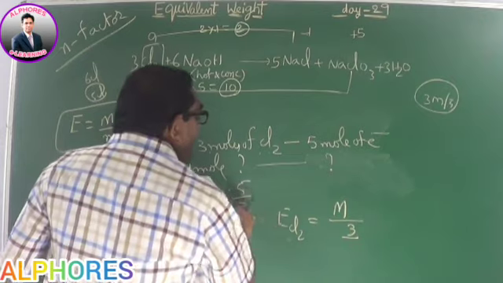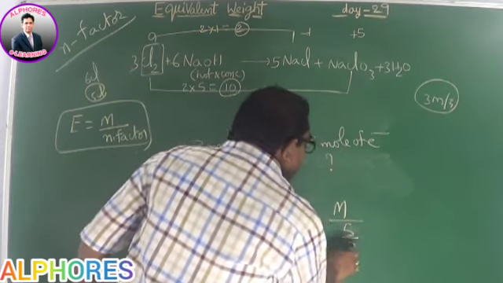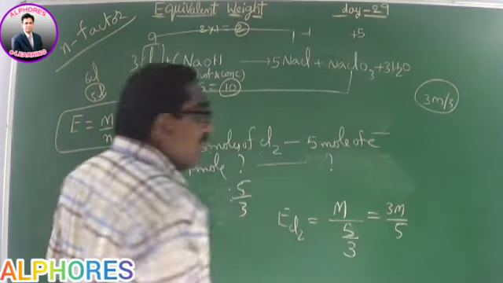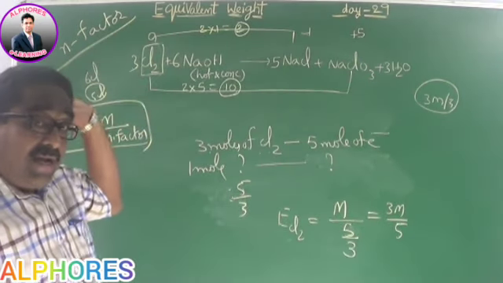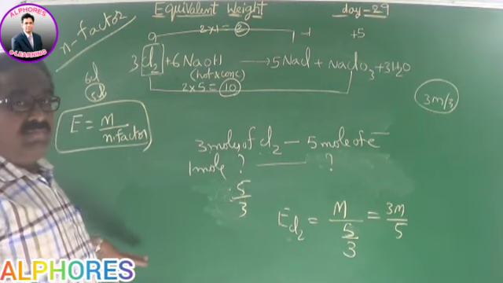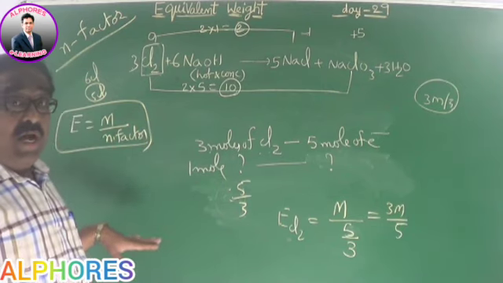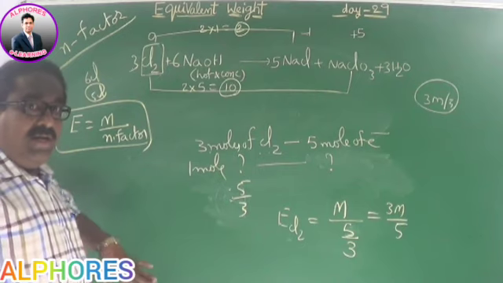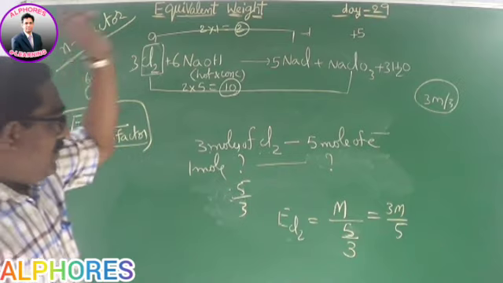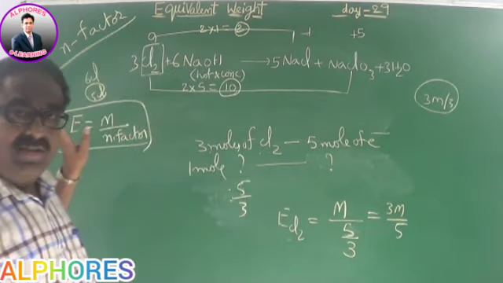It is 5 by 3. Finally you will get exactly the same, that is 3M by 5, what you calculated based on the formula approach. Don't forget, this is the conceptual approach and that is the formula approach. For both I got the same answer.